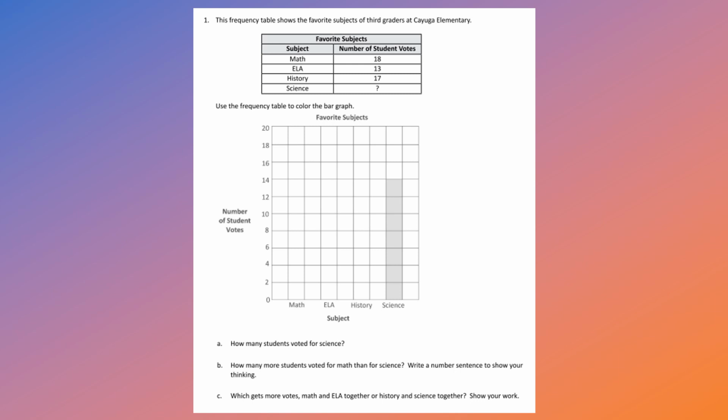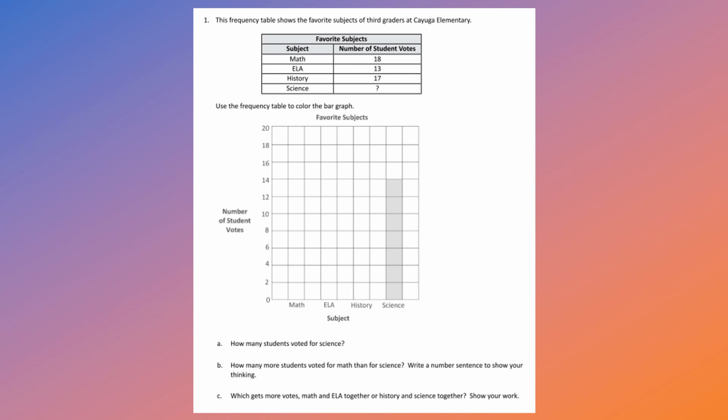Now, let's go on to read underneath our frequency table. It says use the frequency table to color the bar graph. All right, so we're going to use that frequency table to color our bar graph to create the bars. So for math, all right, there were 18 students that voted for math. Now at the bottom of our favorite subjects bar graph, we see math.